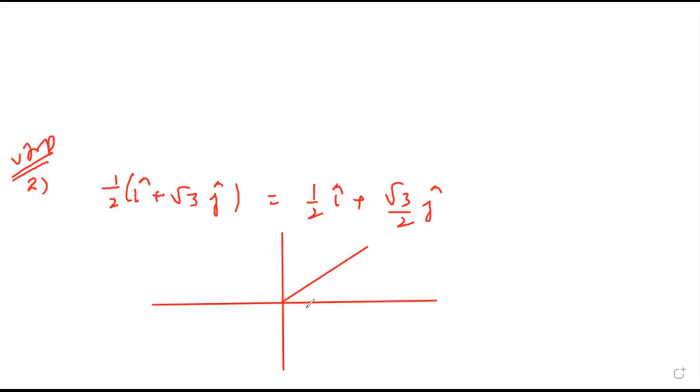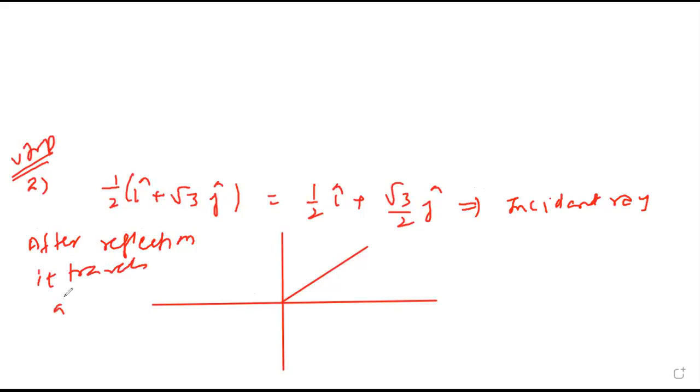Is incident on a plane mirror. After reflection, it travels along the direction half of i minus root 3 j. This was the direction of the incident ray.